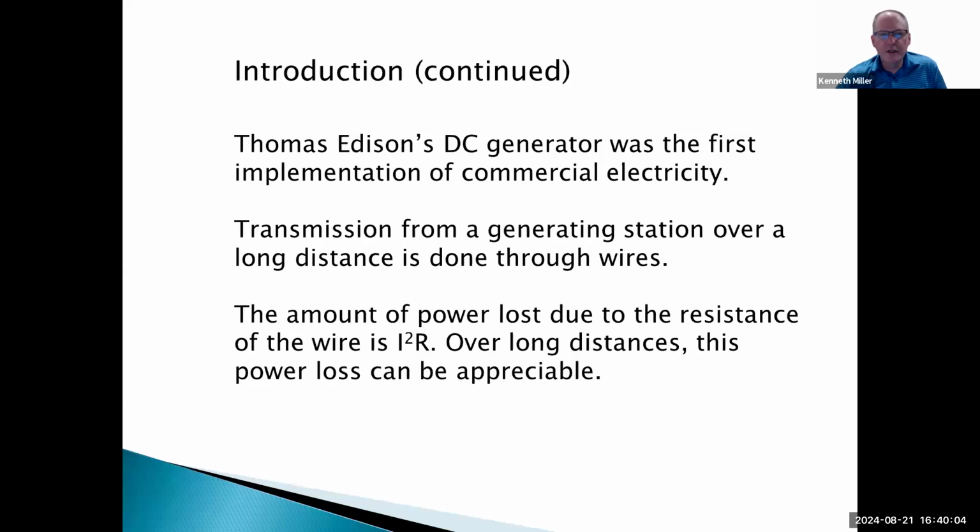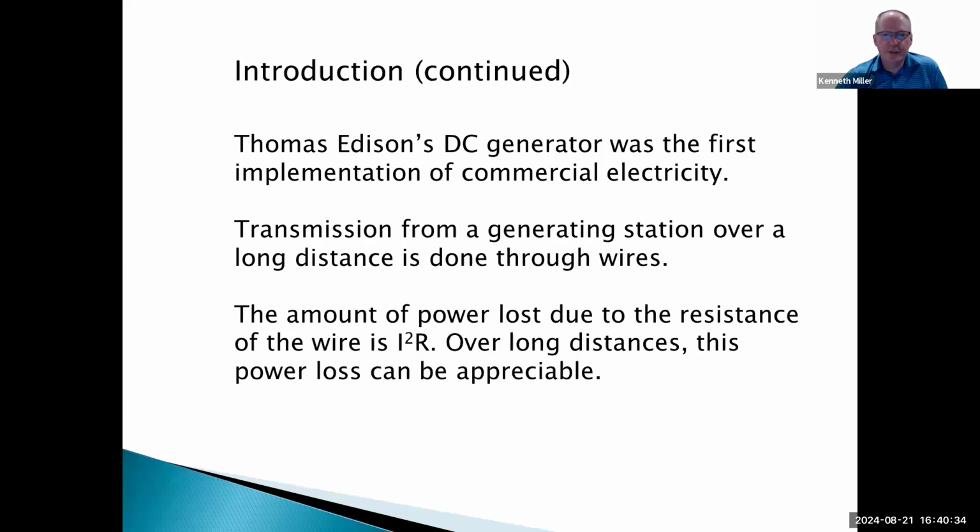Now, one of the main problems with DC is that you have power loss over distance. Remember, one of the formulas for power is power equals current times voltage, or P = IV. If you substitute voltage equals current times resistance, you get power equals I squared R, which means over distance, there's going to be a lot of power loss.